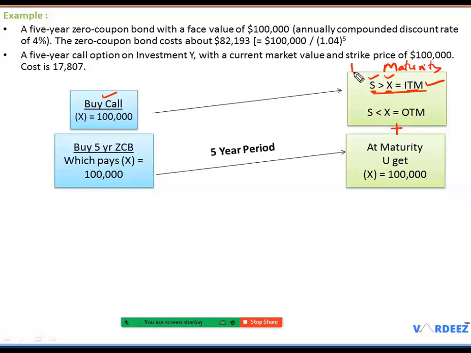If the stock price is, let's say, 150,000 and the exercise price was 100,000, you will have $50,000 extra just because of this call option. And let's say the stock price is 95,000 and the exercise price was 100,000. You have a negative payoff, so you will not exercise this call option, and whatever premium you paid, you will just leave it away.